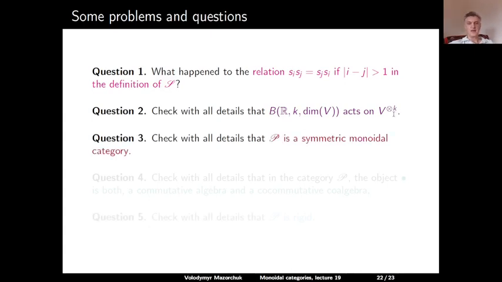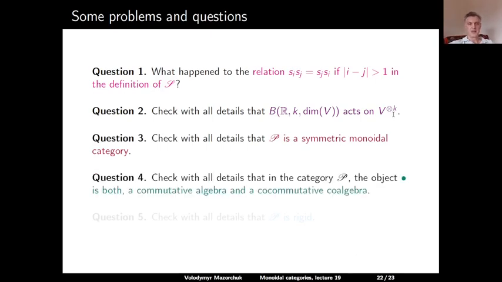Question 3, check with all the details that P is a symmetric monoidal category. Question 4, check with all details that in the category P, the object bullet is both a commutative algebra and a cocommutative coalgebra. And question 5, check with all the details that P is rigid.